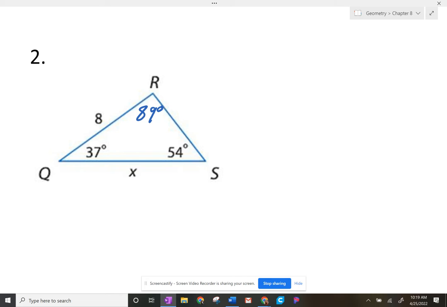Now, do we have the information we need to use the law of sines? Yes. Anyone feel brave enough to tell me one of the ratios? Like how I would write it using the sines, the law of sines. I'll write slowly. So I'll say sine of 54.